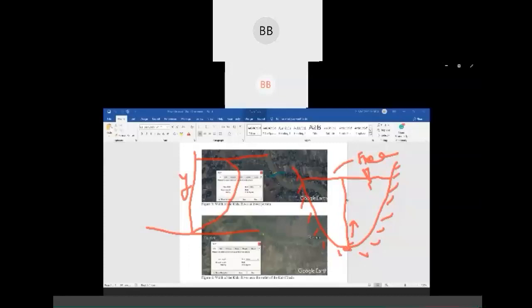Similarly, if you move from left to right, because of the friction with the boundary, the velocity near the boundary of the channel is less than in the middle portion.